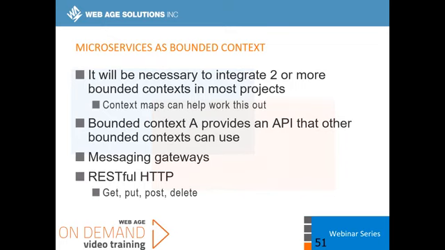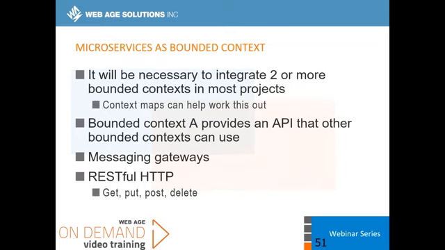Now, there's a couple of different ways that we might do that. One of the most popular, of course, is a RESTful API. And so we use the various tools that enable us to do REST and RESTful APIs, and use that as a mechanism for communication between microservices.